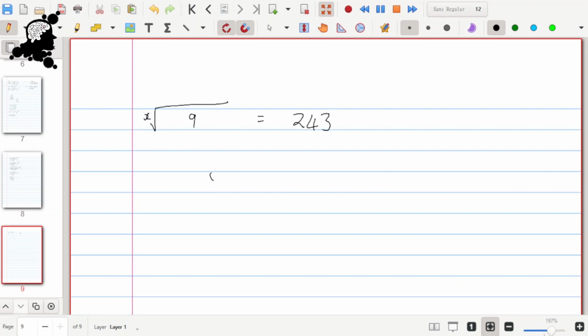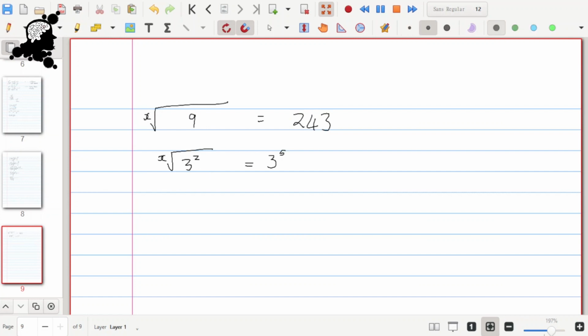The first thing we do here is to write every base as a prime number. This is going to be the xth root of 3 to the power 2 is equal to 243 as a prime number. That is supposed to give you 3 to the power 5. We are done with the first part.